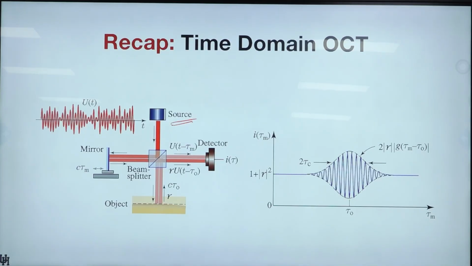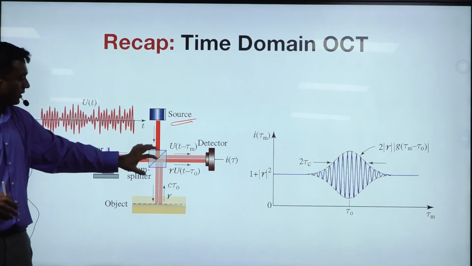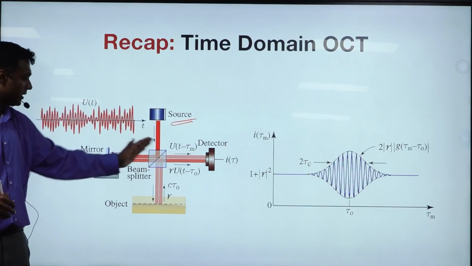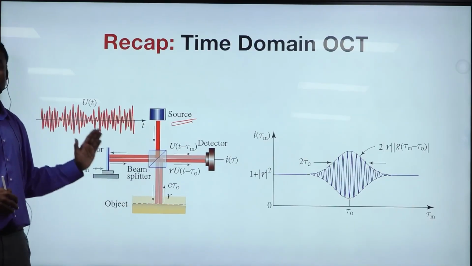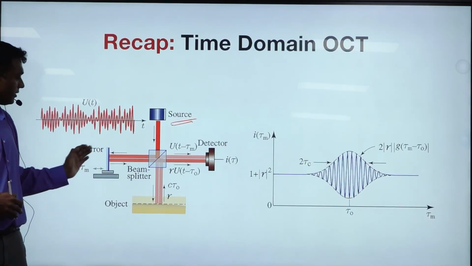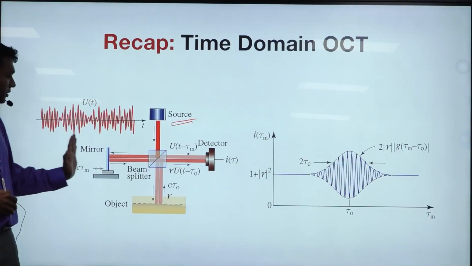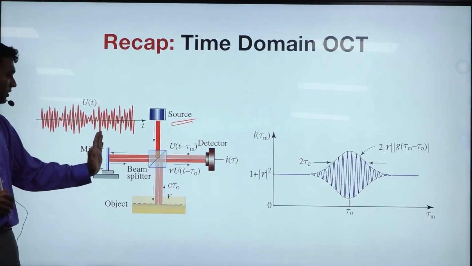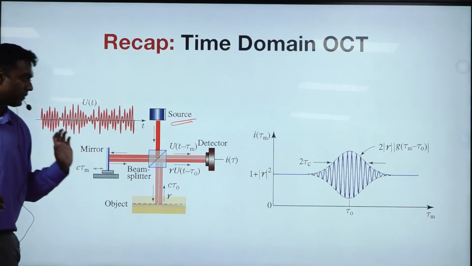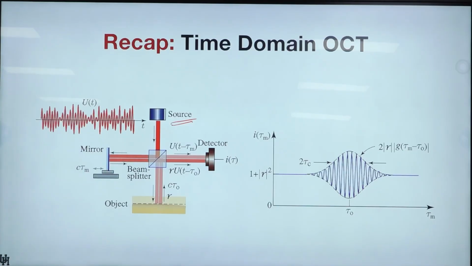Last time we looked at the principle of time domain OCT. The idea is that you have a source of light which does not have one wavelength but multiple wavelengths, a broadband source. It is incident on a beam splitter, which splits the light into the mirror arm and the sample arm. You keep moving the position of the reference mirror and make a measurement at the detector, and you get an interference pattern which looks something like this.